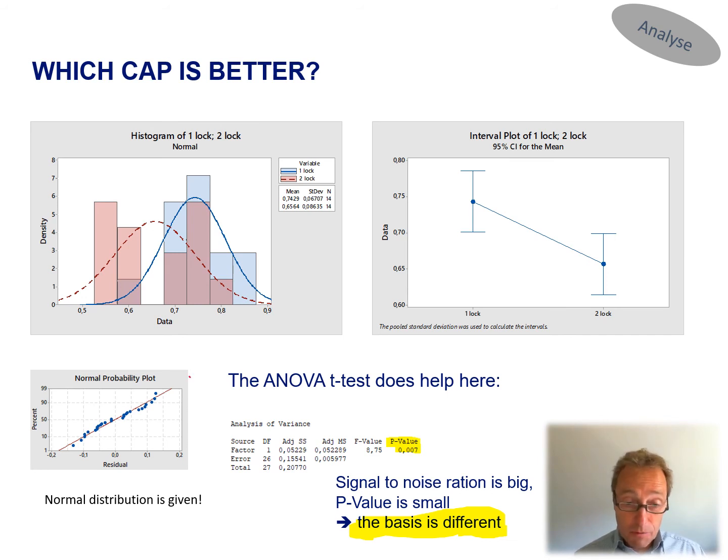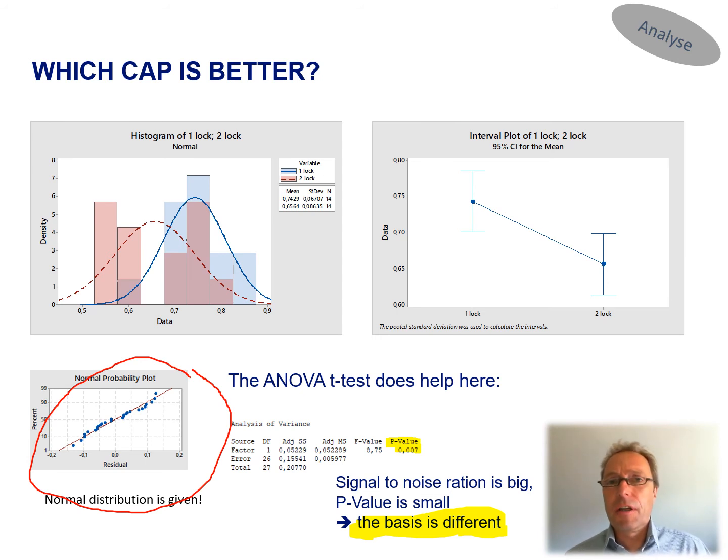Of course, we have to make a check: are the data in a normal distribution? This is important, but with this kind of data it's more or less every time the case that we have a normal distribution, and also here we have it.